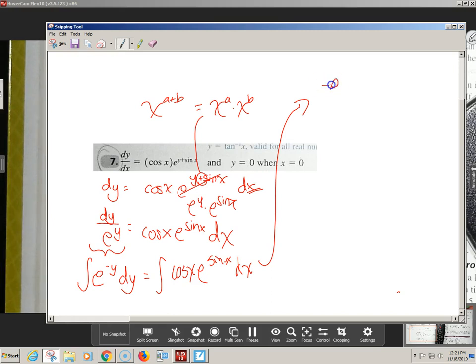Does it make sense I'm writing negative e to the negative y as my integral for that side? Right? Okay, for this guy, who's my u? Who's my u prime? Or my du? Oh, sweet. Does it make sense? I'm just going to say, oh, hey, that's just u prime. E to the u is e to the u. Plus c. Okay? You can always double check with the derivative.